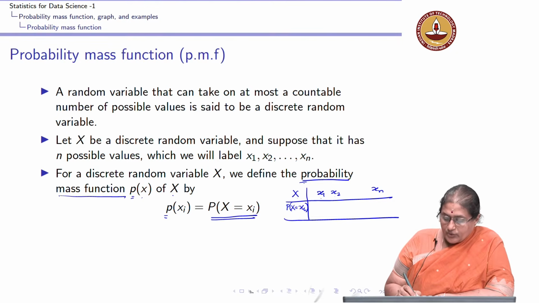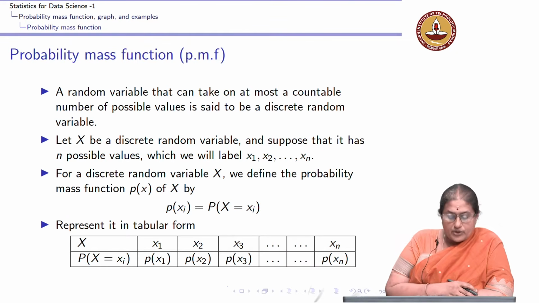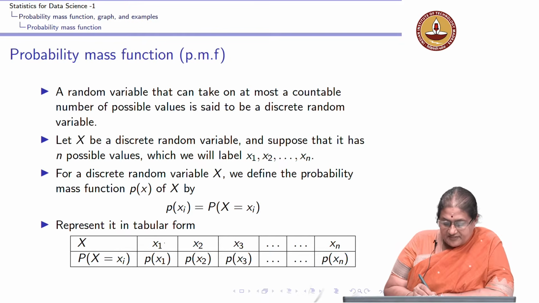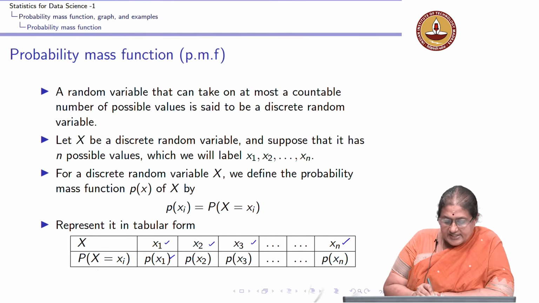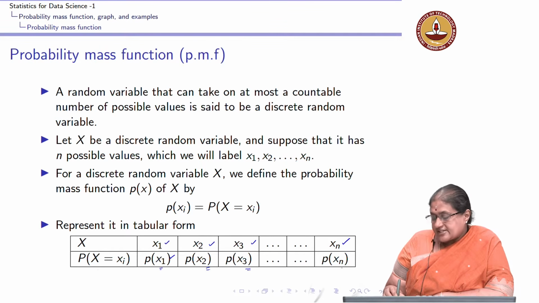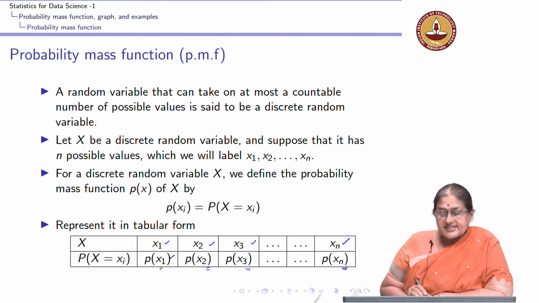A nice way to represent it is in tabular form. X takes the values x1, x2, x3 up to xn, with probabilities P(x1), P(x2), P(x3) up to P(xn).